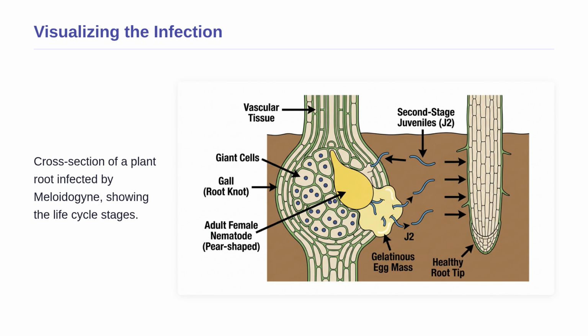Inside this protective gall, notice the massive giant cells that have formed. Right next to them is the adult female nematode, which has swollen into that characteristic pear shape. Finally, protruding toward the outside, you can see the gelatinous egg mass she has produced, releasing a new generation of juveniles back into the soil to continue the cycle.